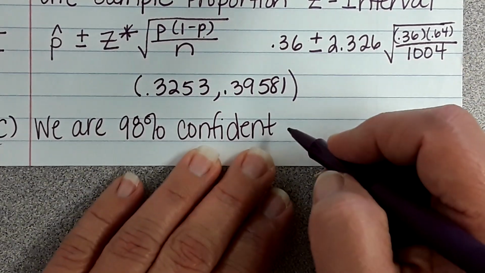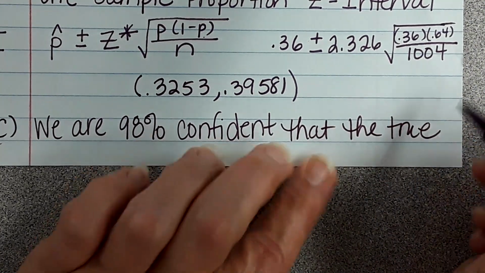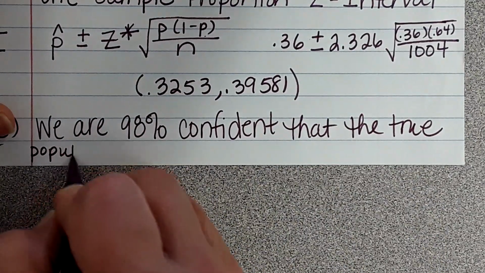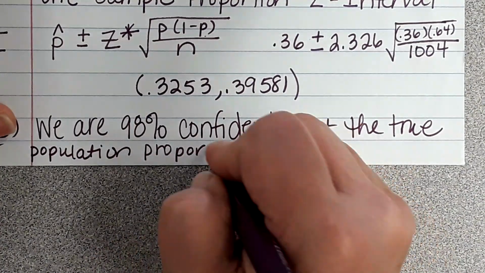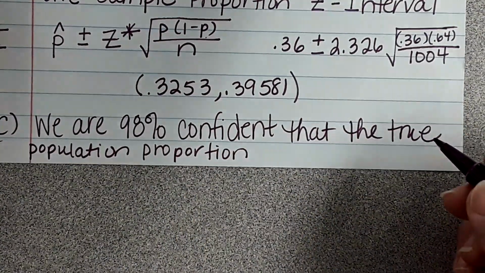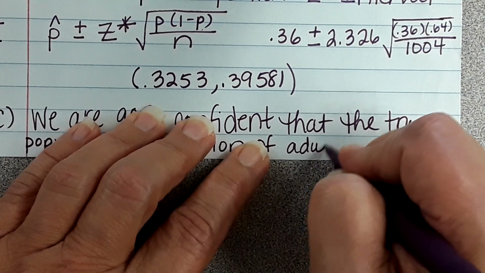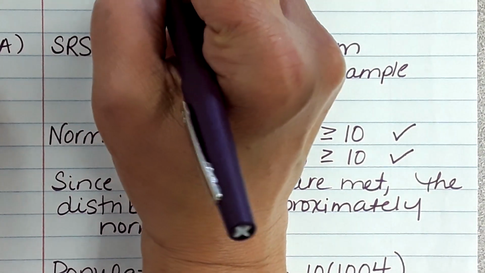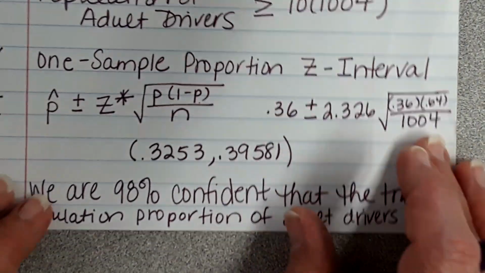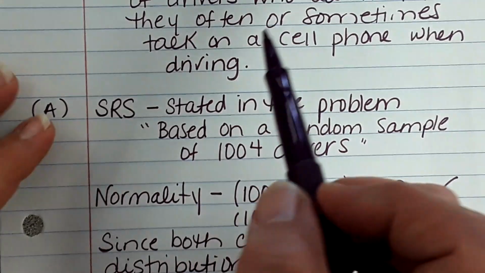We are 98% confident that the true population proportion of adult drivers, what did we not put up on our parameter? Adult. Yeah. Because if they made a point to say adult drivers, then up in your parameter you need to put adult.